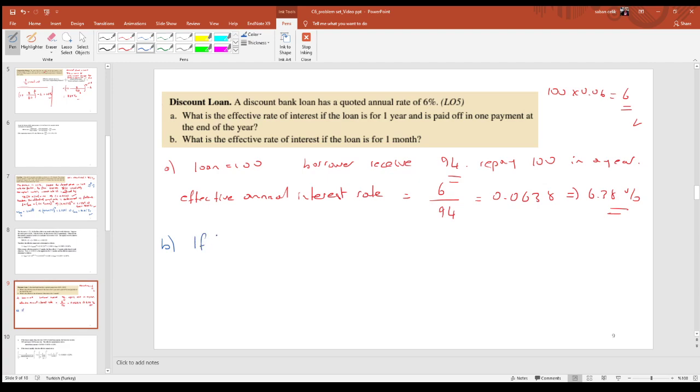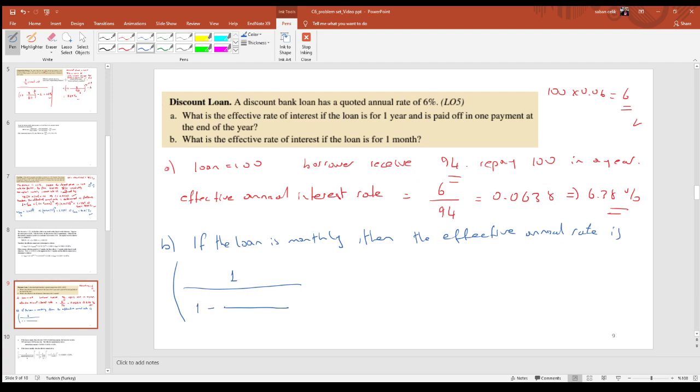If the loan is monthly, then the effective annual rate will be equal to 1 divided by 1 minus the annual interest rate divided by n, to the power of n, minus 1.